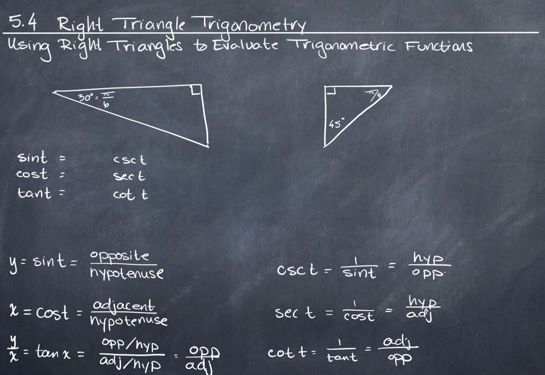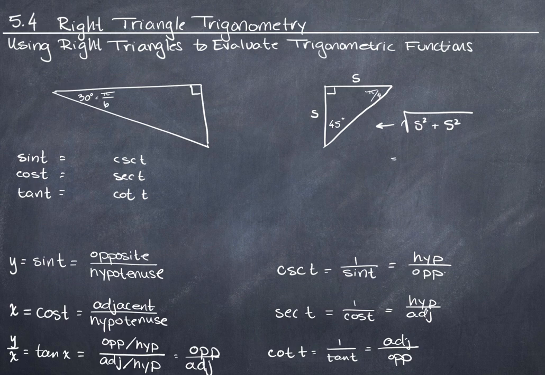If I label one of the sides of this triangle S, because these two angles are the same size, these two sides will be the same length, and therefore having labeled one of them S, I can label the other one S. By the Pythagorean theorem, I know that this side here will have a length of the square root of the square of the first side plus the square of the second side.